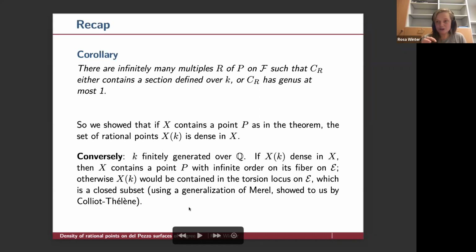Otherwise, all the rational points would be contained in the torsion locus of this elliptic surface. And this is a closed subset. For which we use a generalization of Mazur's theorem. So you can bound the order of torsion on these fibers, and this generalization was shown to us by Colliot-Thélène. So this proves the converse statement of the theorem.